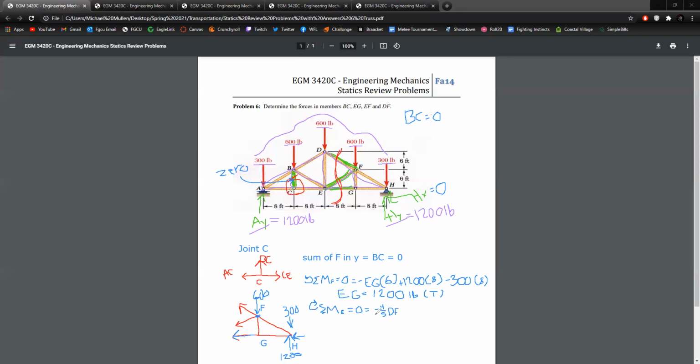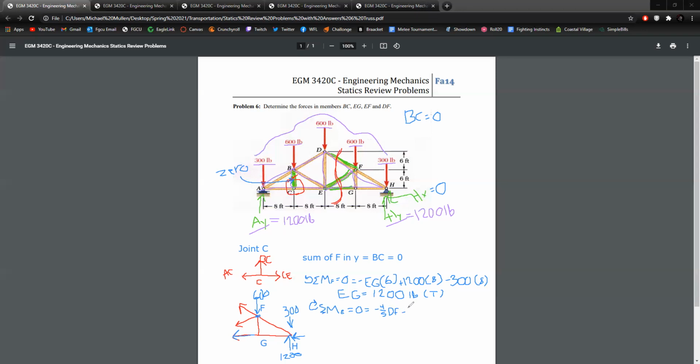And sorry, I should say this 4/5 comes from the ratio of 8 feet to 6 feet being the horizontal and vertical components. So then you use Pythagorean theorem because it's a right triangle. You can get the distance of DF as 10. And then that just reduces to 4 in the horizontal and 5 in the diagonal direction. So that's where the 4/5 comes from. So this is our X component for DF.